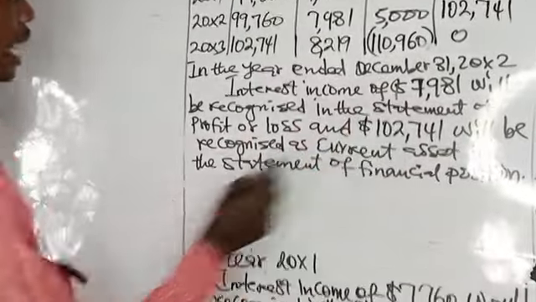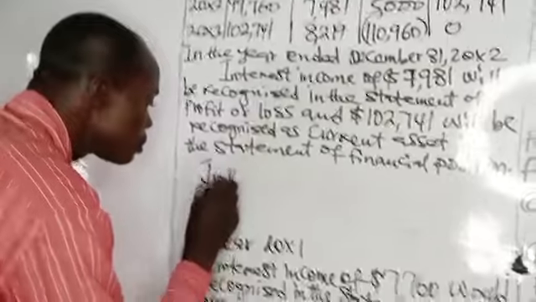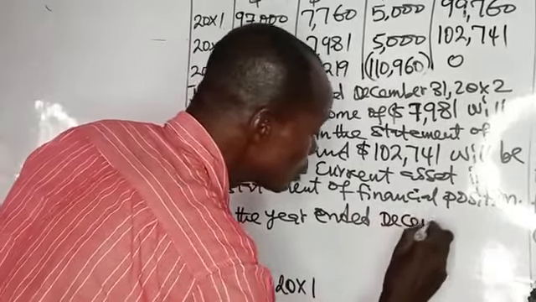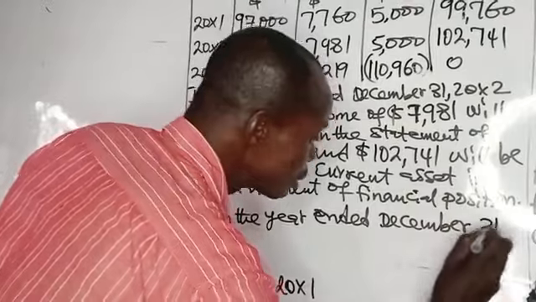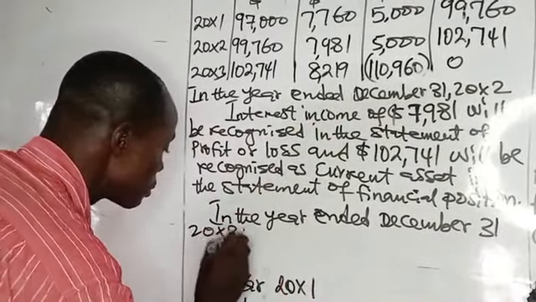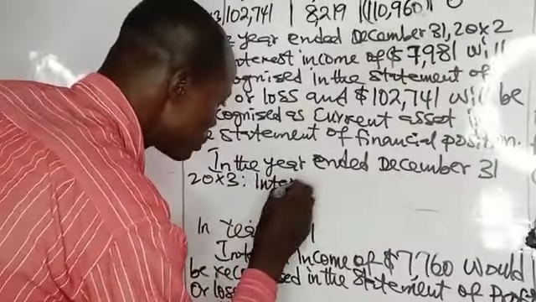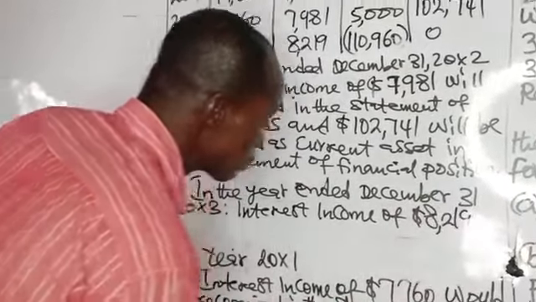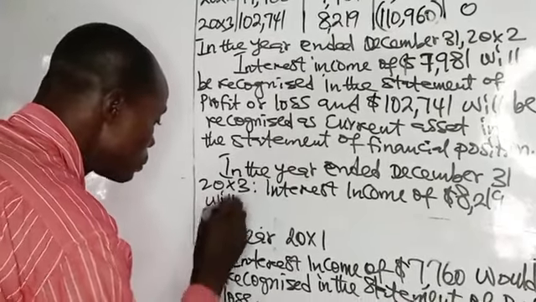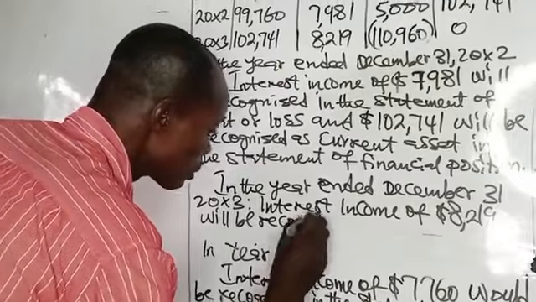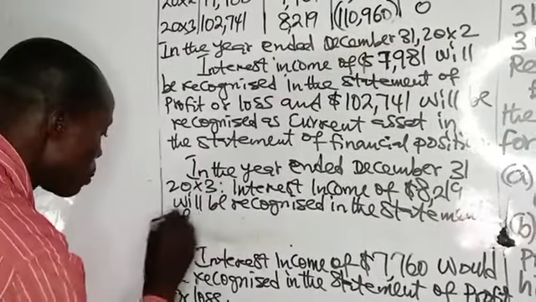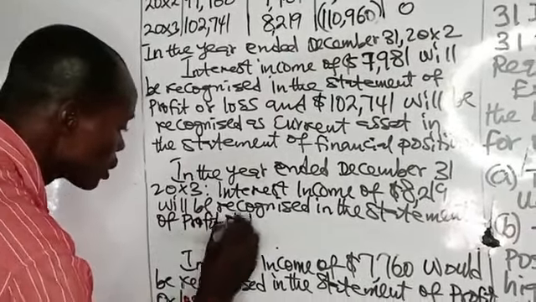In the year ended December 31st, 2023, interest income of $8,219 will be recognized in the statement of profit or loss.